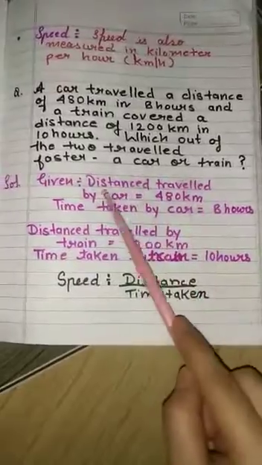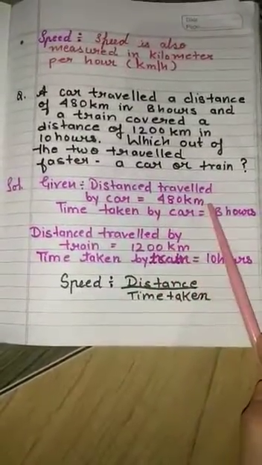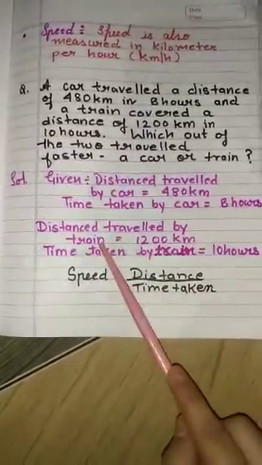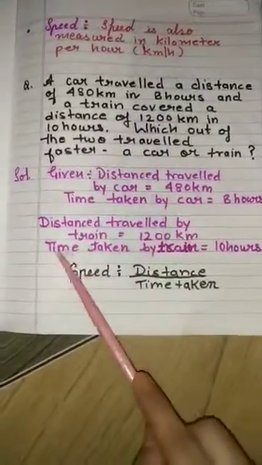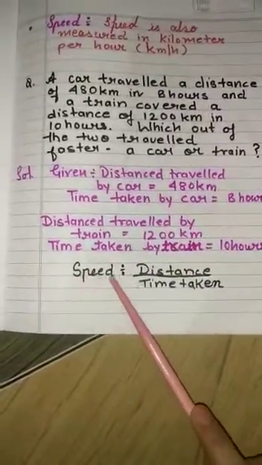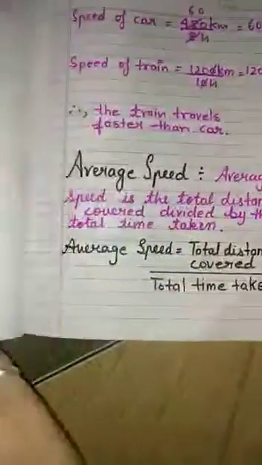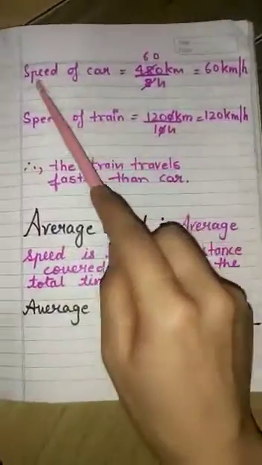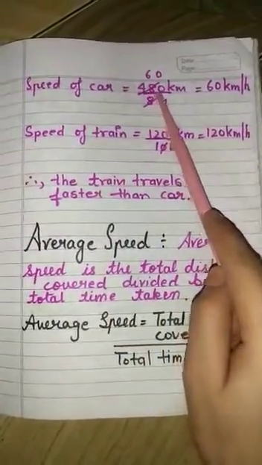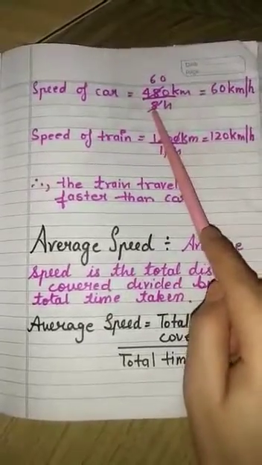Given: distance traveled by car 480 km, time taken by car is 8 hours. Distance traveled by train 1200 km and time taken by train is 10 hours. Write the formula: speed equals distance upon time. Put the values. Speed of car: 480 km and 8 hours.